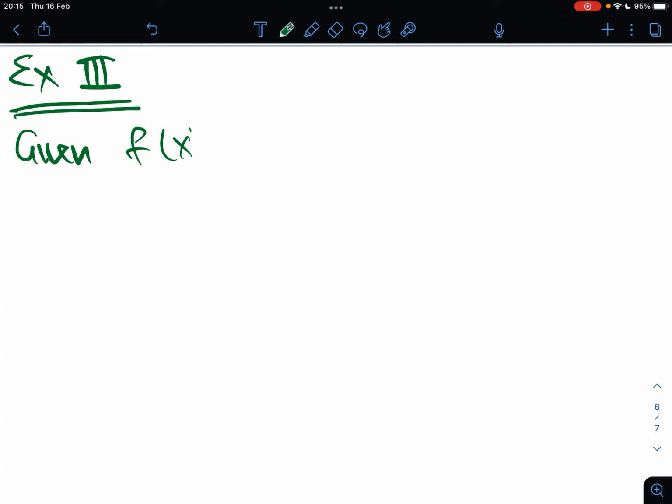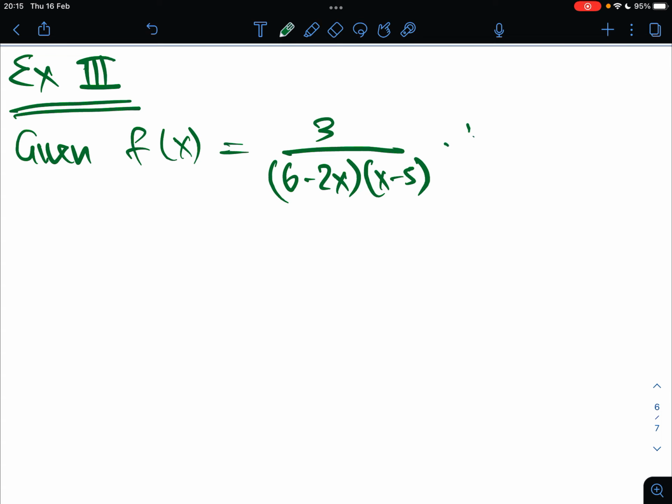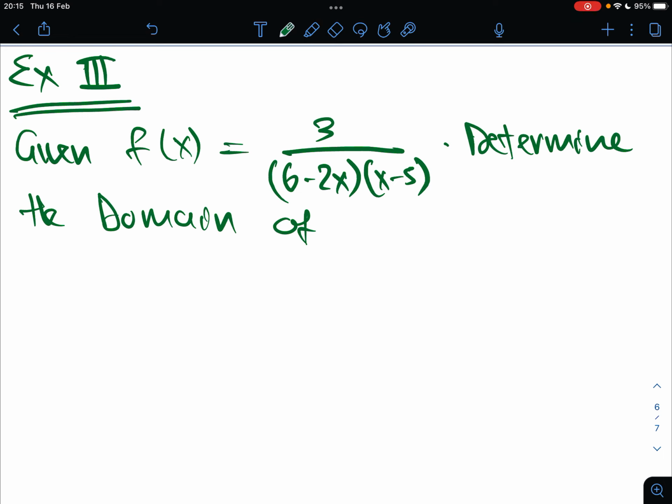So they can say, example 3, given f of x, which is the function 3 over (6 minus 2x)(x minus 5), determine the domain of f of x. So that can be another question that can be asked.